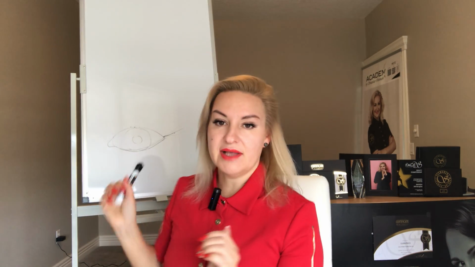After that, when I have the direction line and symmetry, I am asking my client, could you please lay down? And after that, I am doing the sketch and mapping on the eyelids.